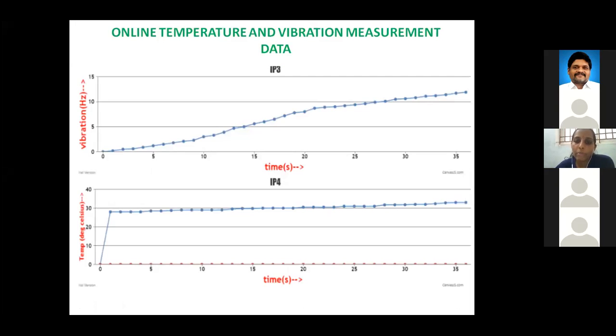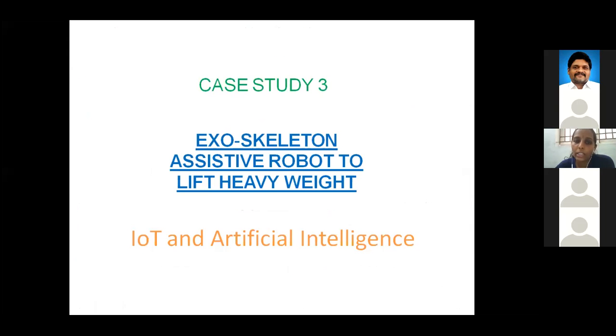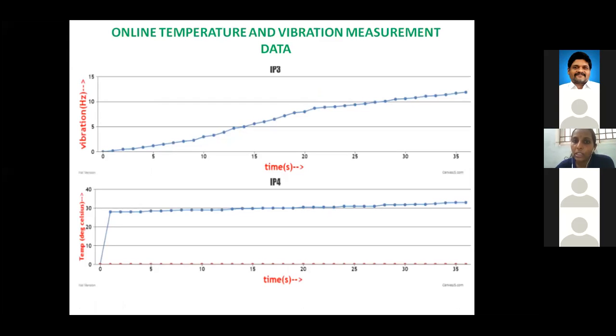With respect to time, we can analyze it, and based on the historical data, we can estimate over how long a time period the motor can work without any problem.